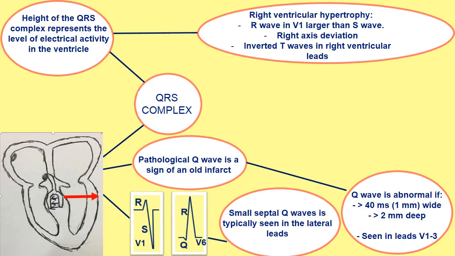So that will lead to right axis deviation, because that will make the wave of depolarization go more towards the right. And you would also have long R waves in V1. The R waves will be longer than the S wave, which is in contrast to what we have here. And then you have inverted T waves, because usually when the wave of depolarization is abnormal, then the repolarization will be abnormal as well.